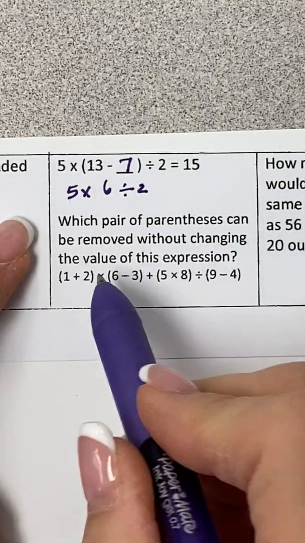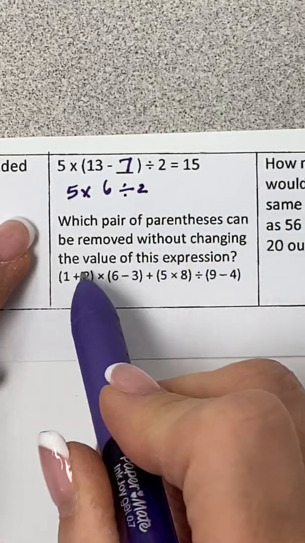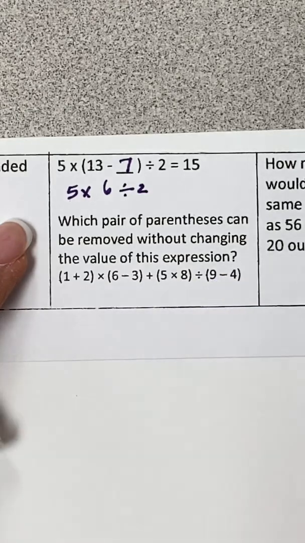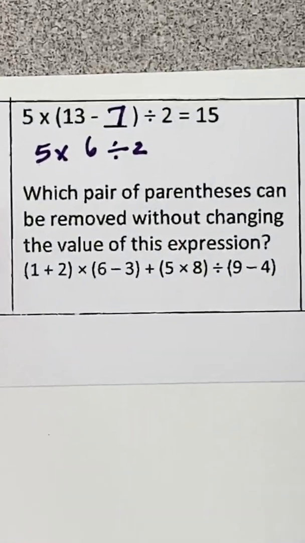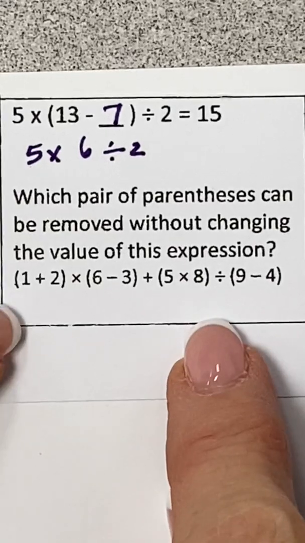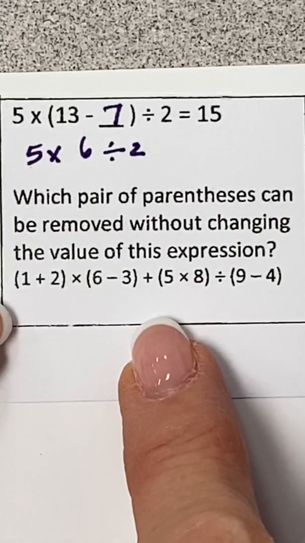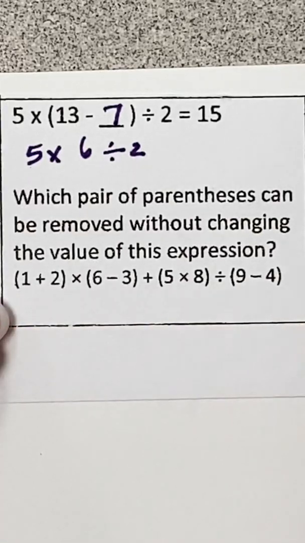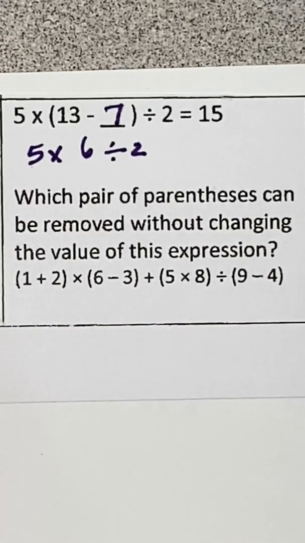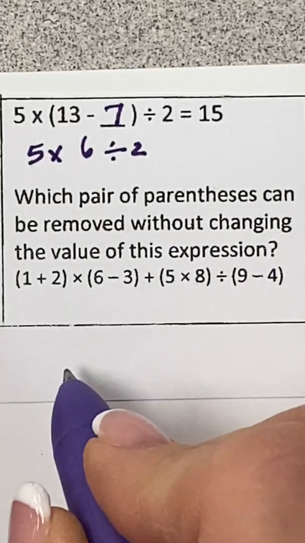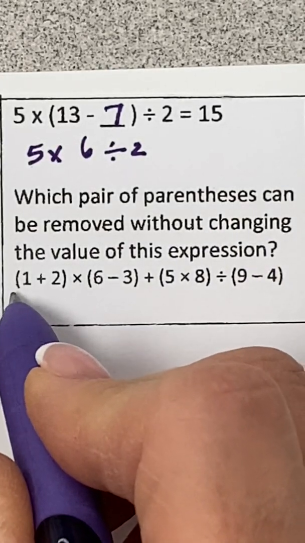So what would have to go in that hole? 7. Which pair of parentheses can be removed without changing the value of this expression? This is one of those that you're going to have to work out so you can get a total, to see what would happen if I lifted off a pair, whether it would equal the same total. So let's work it out to begin with.